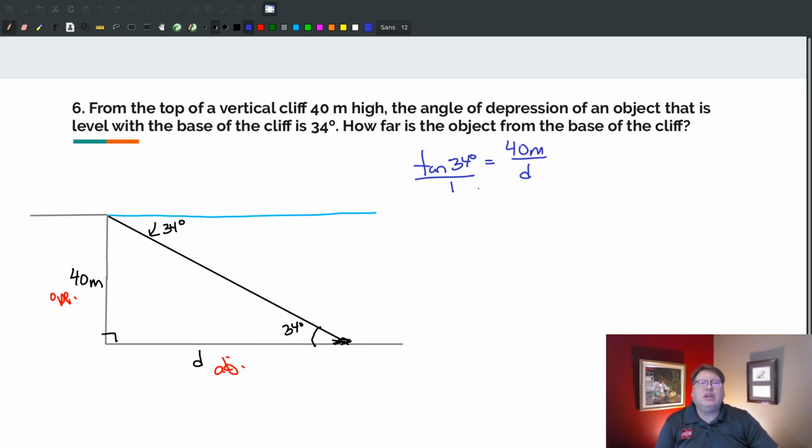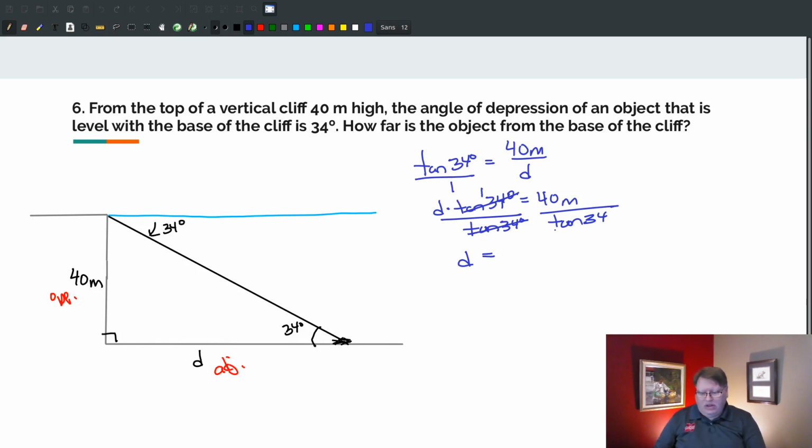So we get D times tangent of 34 degrees is equal to 1 times 40 meters. And I can divide out the tangent function, tangent of 34. Again, you're dividing by tangent 34, but you have to remember that is just a number, okay? So tangent 34 divided by tangent 34 is just 1 times D is D.